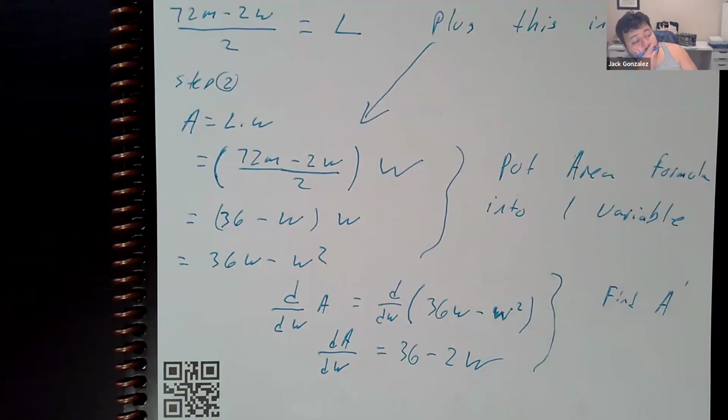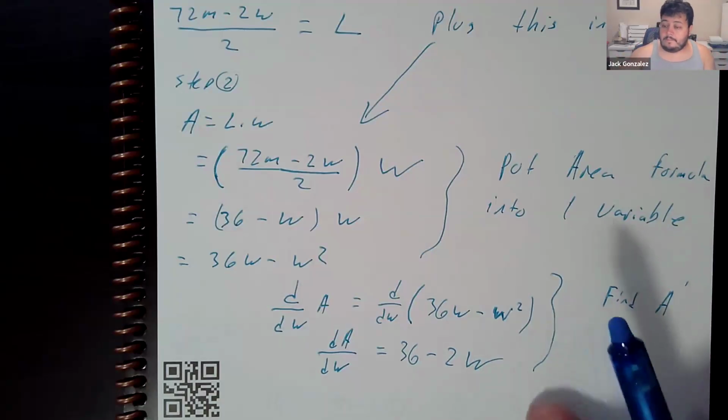Okay. So once we have it, we can find the critical number and then determine if it's a max or min, which will then correspond to the original A, right? All right.